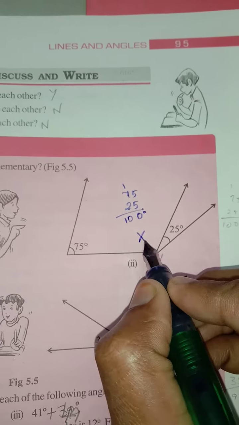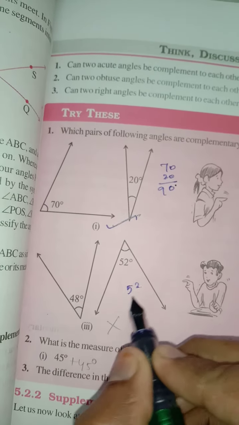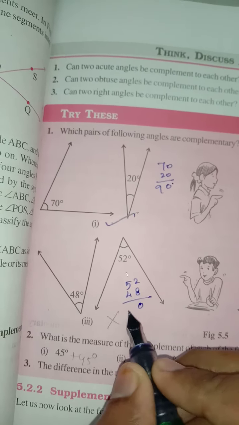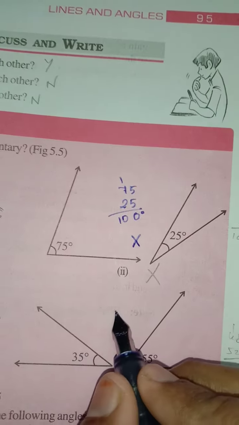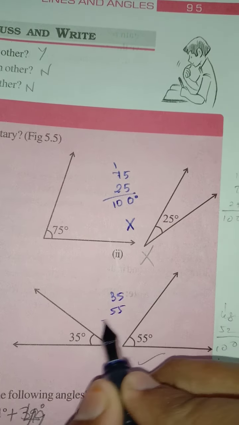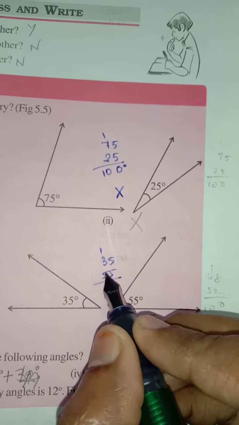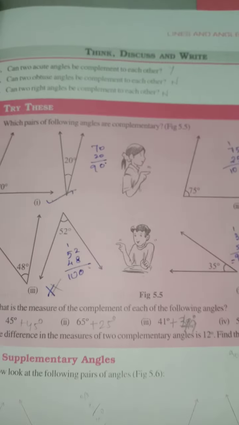So it is not a complementary angle. Then add this one, this is 52 degrees, this is 48 degrees, 2 plus 8 is 10, remainder 1, 100. This is also not a complementary angle. Add this, 35 and 55: 5 plus 5 is 0, remainder 1, 9. So this is equal to 90 degrees, then it is called a complementary angle.